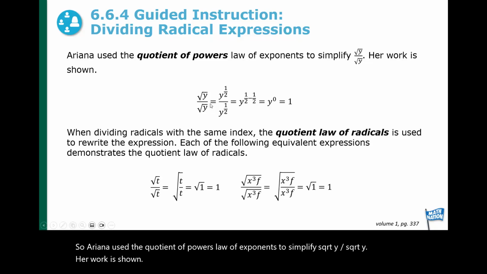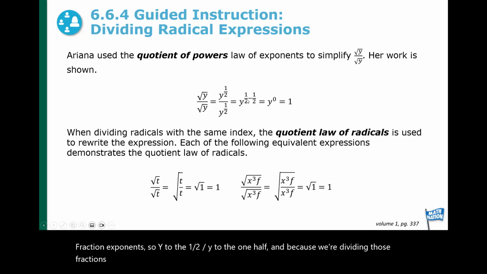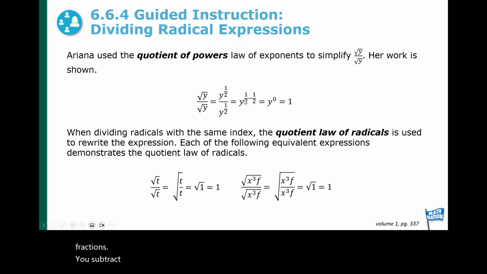She broke down the square root to fraction exponents, so y to the 1/2 over y to the 1/2. Because we're dividing, you subtract your exponents. So 1/2 minus 1/2 gives us 0, and y to the 0 power equals 1.